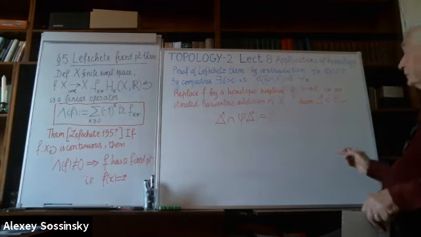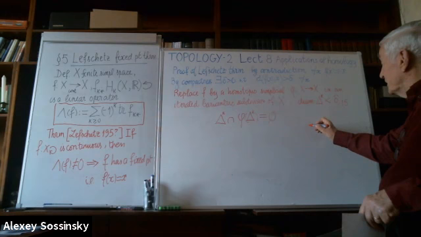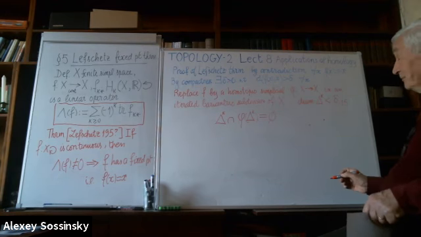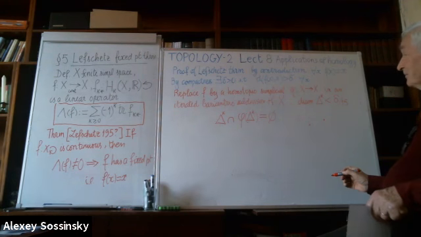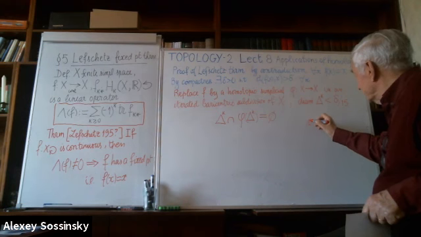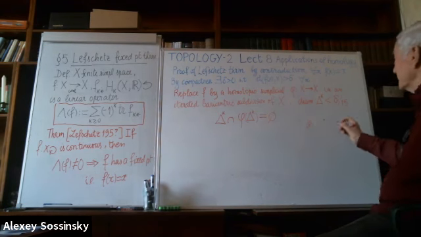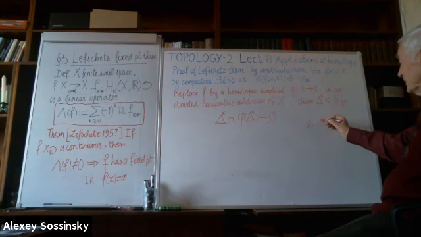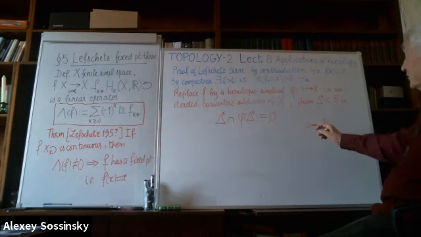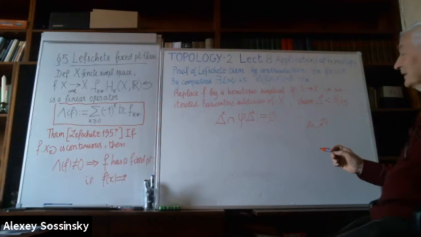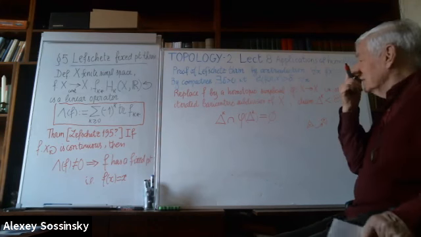Well, because each point moves by at least delta, and the simplex where it lives is tiny as compared to delta. So its image is another simplex.